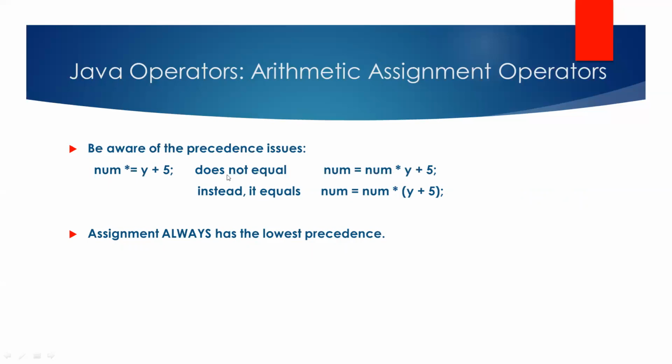This statement actually means the whole num will be multiplied with y plus 5. Are you getting it? Num multiply equal y plus 5 means that num will be multiplied with the entire right-hand value. So this cannot be read like the other one; it is equal to this statement.